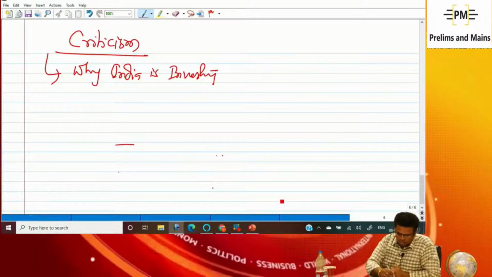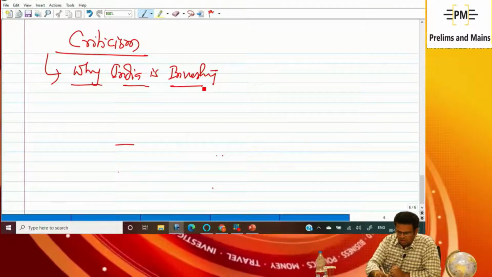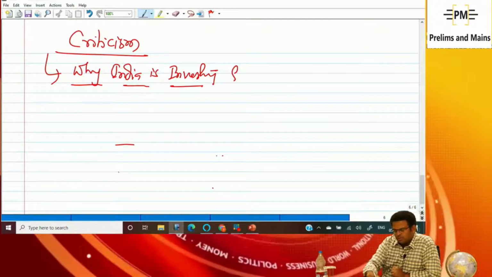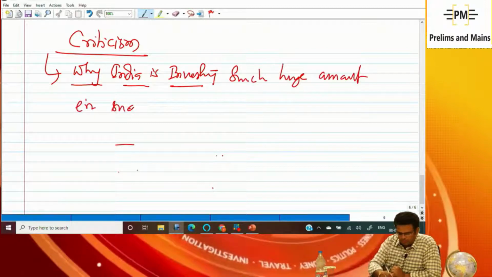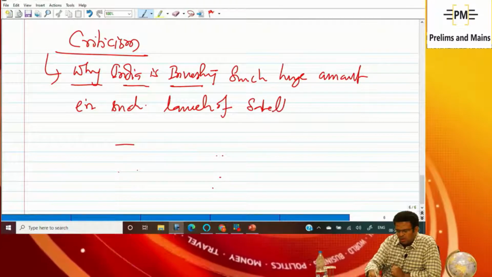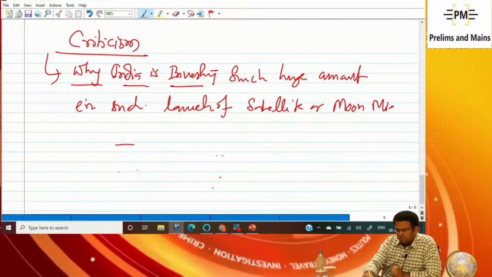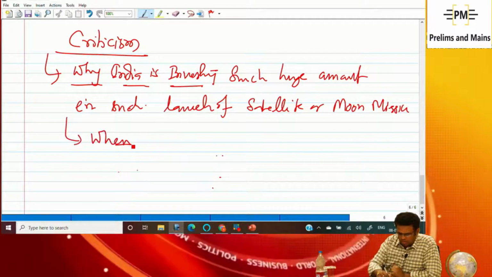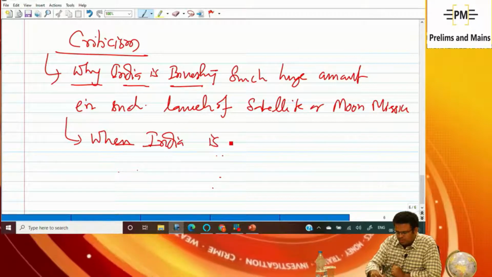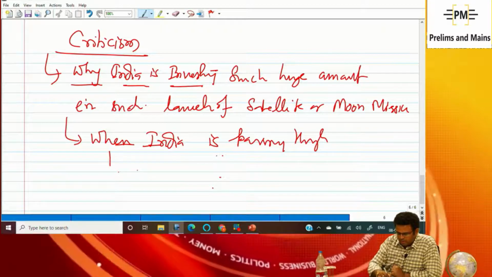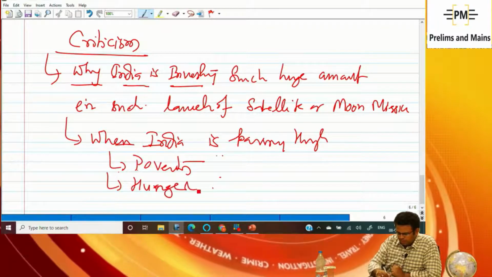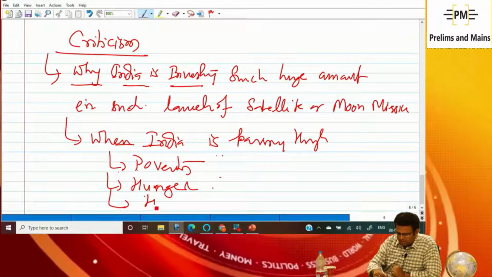Why is India investing such a large amount, such a huge amount in such launching of satellites or moon missions, when India is passing through poverty, hunger, very low human development index?